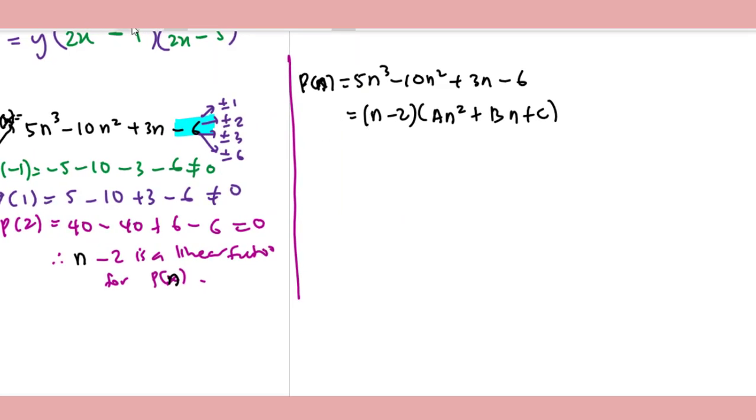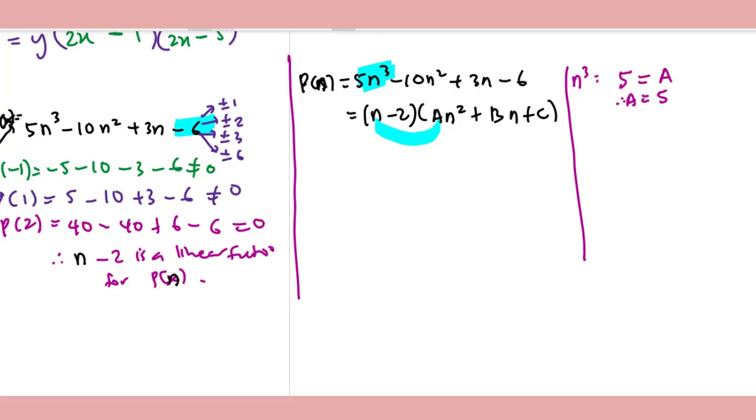And then compare the coefficients. Let's say n cubed. This n cubed coefficient is 5, and on the right hand side it is a. So on the left hand side 5, on the right hand side a, therefore a is equal to 5.